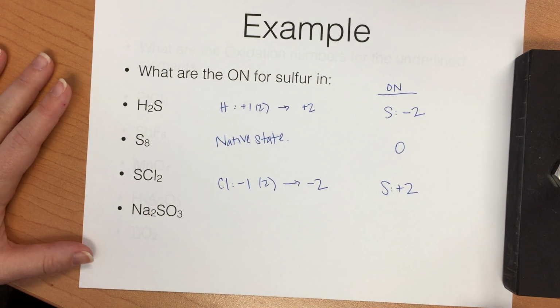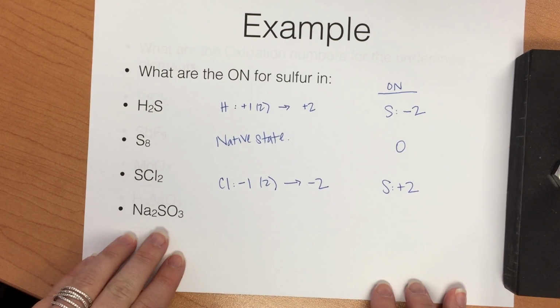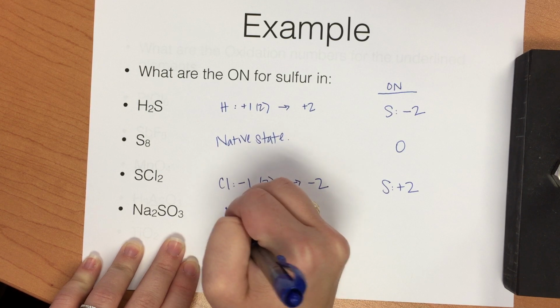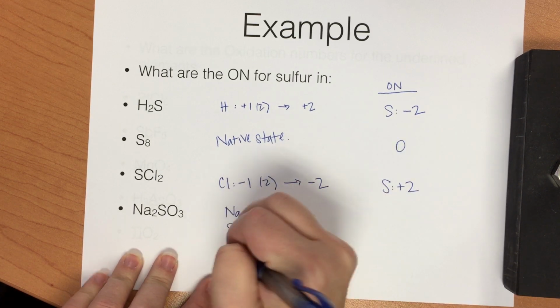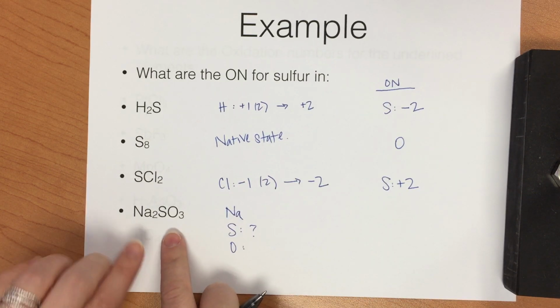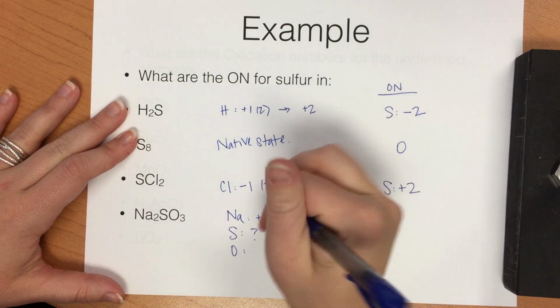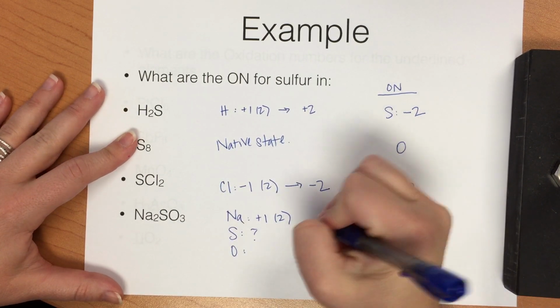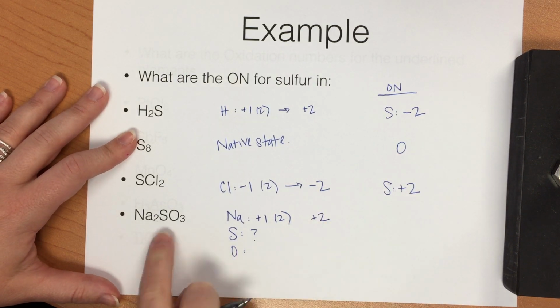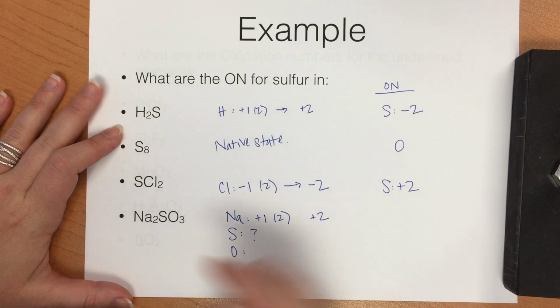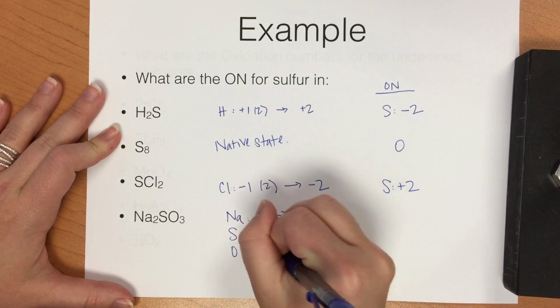But what about in sodium sulfate? So we have a couple of different things. We have sodium, we have sulfur, which is the one we don't know about, and we have oxygen. Sodium is always going to be a +1. There are 2 of these, so we have a +2 total. Oxygen is pretty much always going to be a -2, and there are 3 of those.